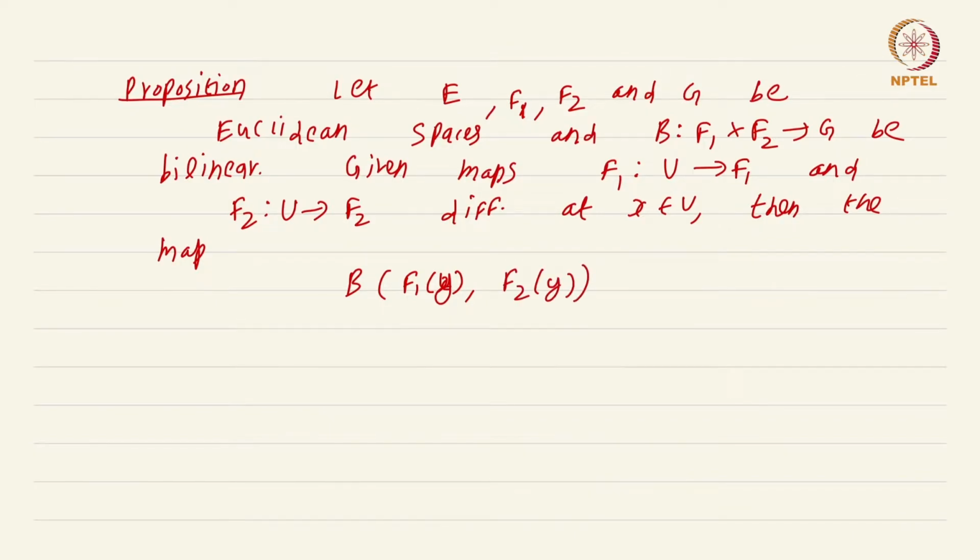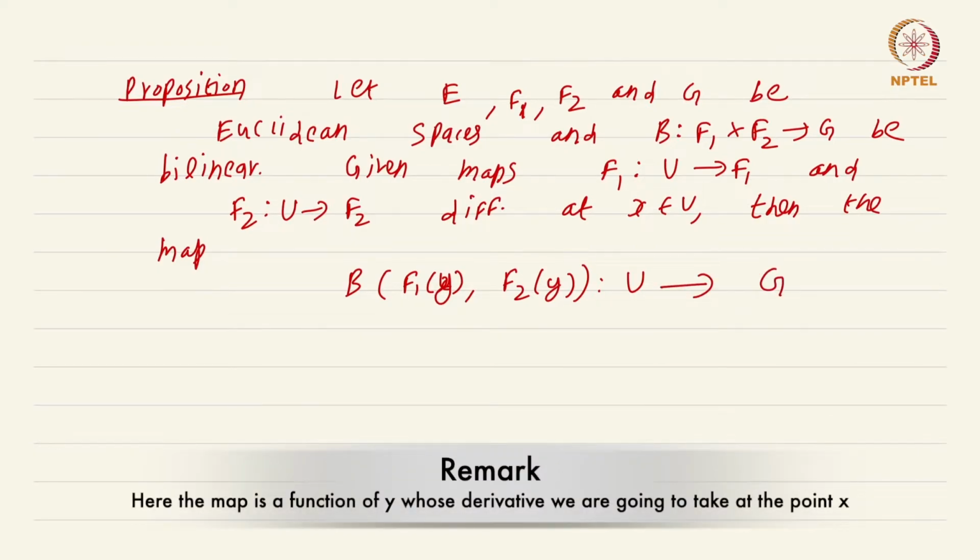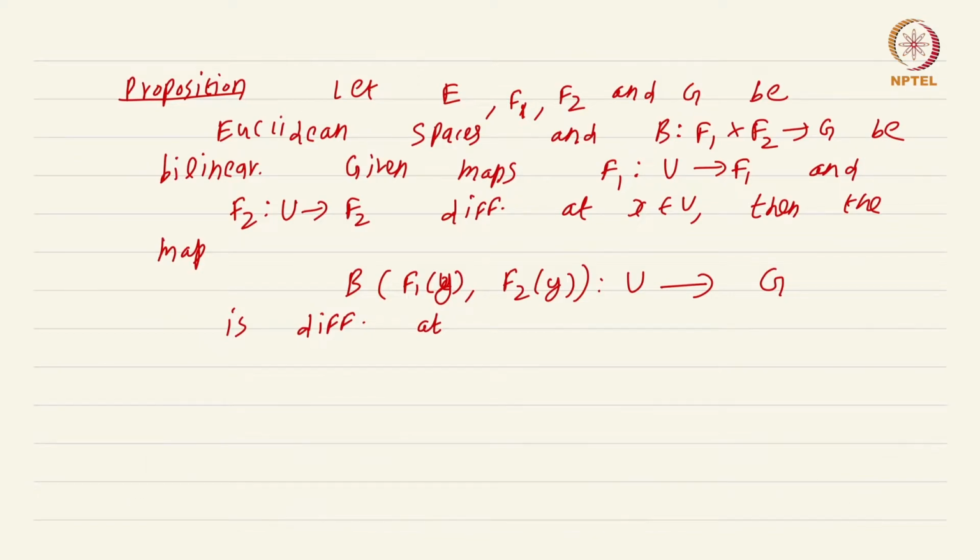This is a map that starts in U and you land up in G. This map is differentiable at x. So essentially we are taking a generalized product of F1 and F2 via this bilinear map B.